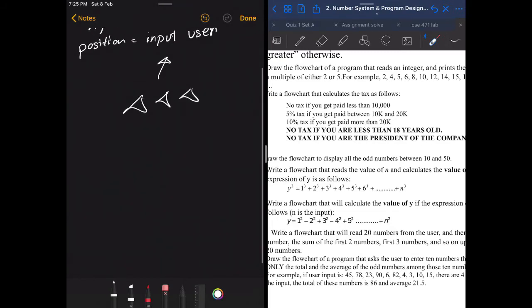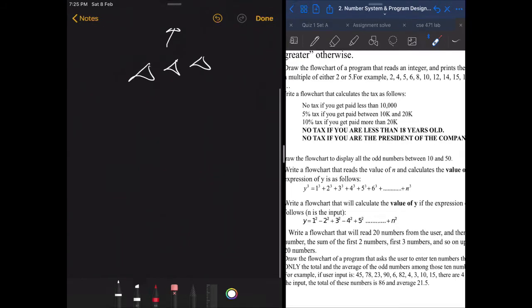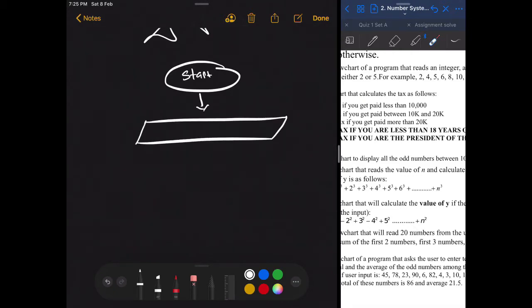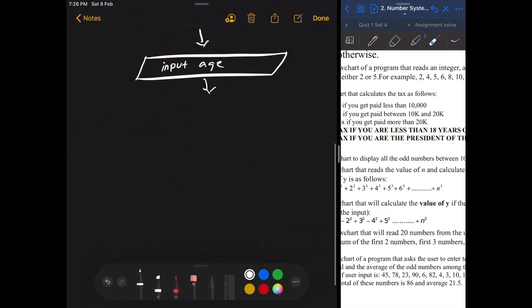So let's start the flowchart. So we would have a starting oval, then we take inputs from the user. So the first input should be his age, input age. Then the second one should be his salary, or the amount that he gets paid.